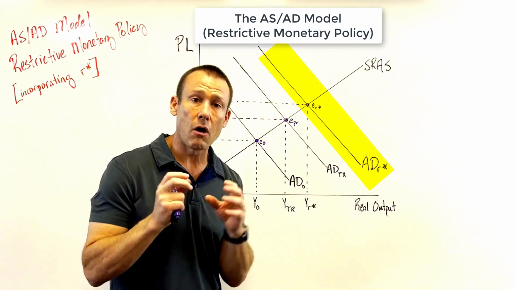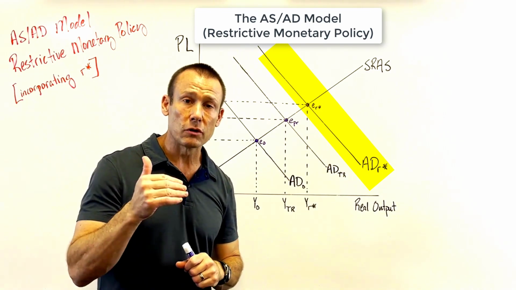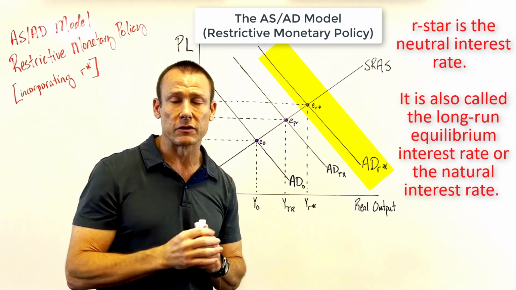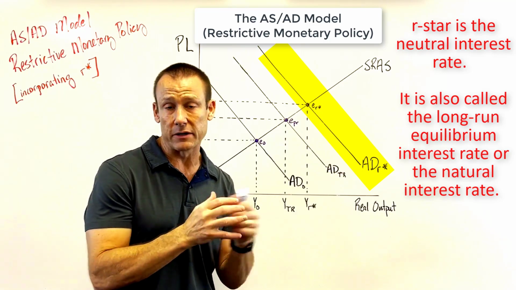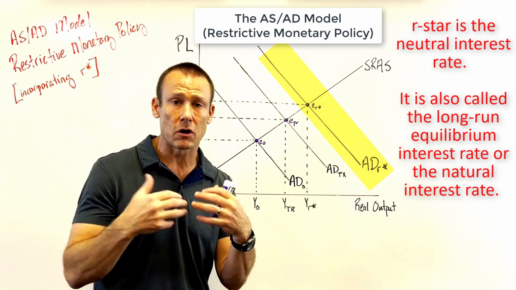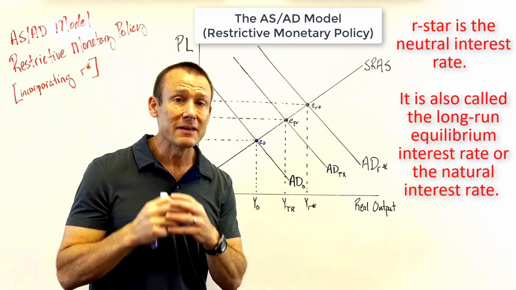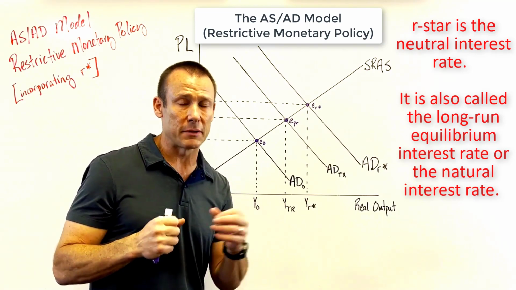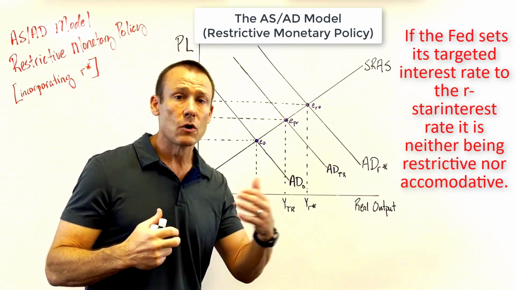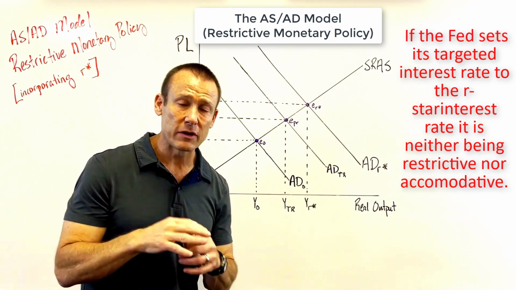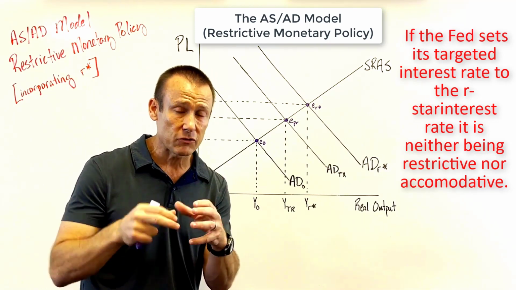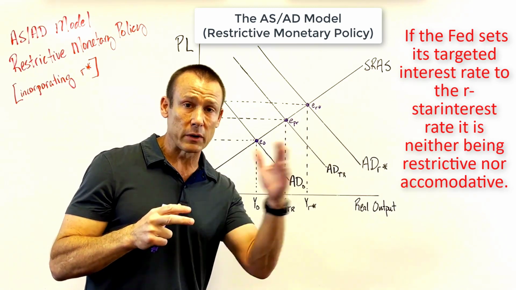AD R star, well, R star is the neutral interest rate, okay? Neutral rate of interest. It's the long run natural rate of interest. And what we associate R star or this neutral interest rate with is it's a situation where the Fed is neither being restrictive nor accommodative, which means neither contractionary or expansionary. It's an interest rate that we associate with the inflation rate, at least in the long run, not going up or down.